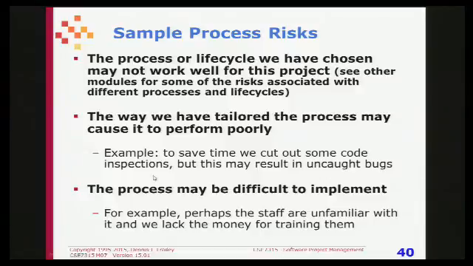You decide you don't need to do code inspections except on the final iteration. Well, maybe that'll introduce a risk. Maybe the process will be hard to implement because it's hard to manage, or it's hard for people to learn how to do it right. That's another example of a process risk.